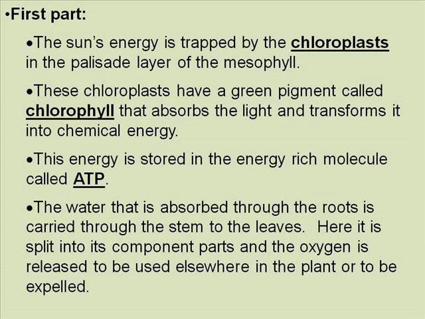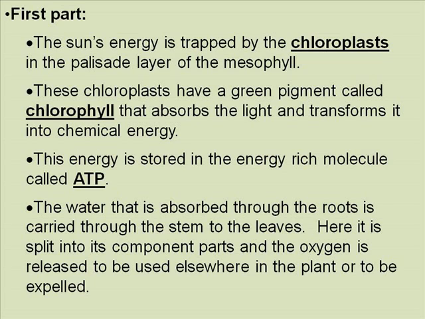So in every good recipe, we have steps that we have to follow when we're mixing up these ingredients. So the first thing is that the chloroplasts that are filled with chlorophyll are going to absorb the sun's energy, and it's going to change it from a light energy into a chemical energy.